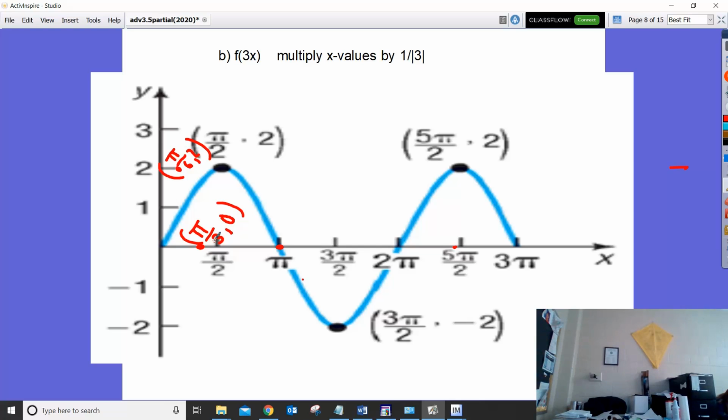All right, next point of interest is 3 pi over 2, negative 2. You've got to divide 3 pi over 2 by 3. Or just take 3 over 2 and divide it by 3. Y'all can't do this, can you? Half.